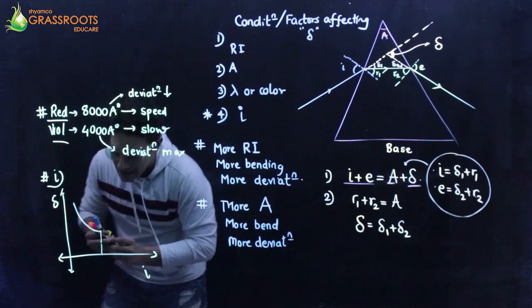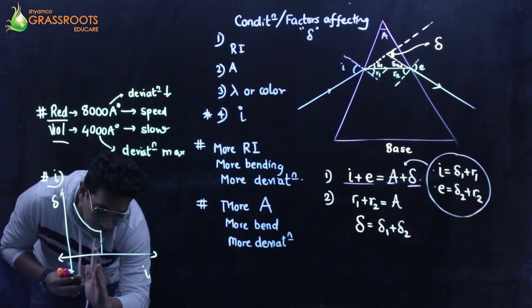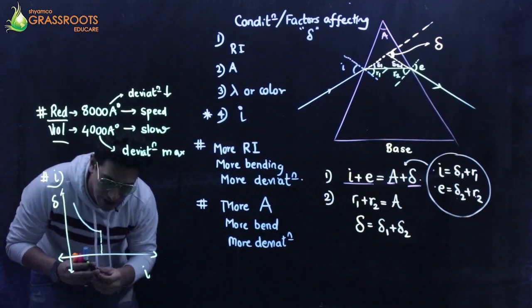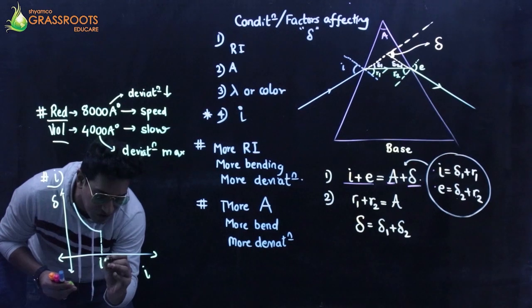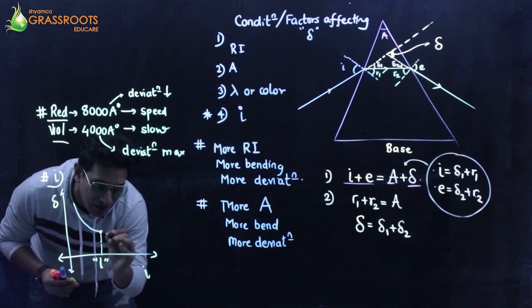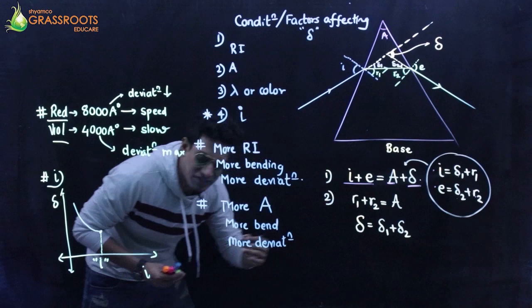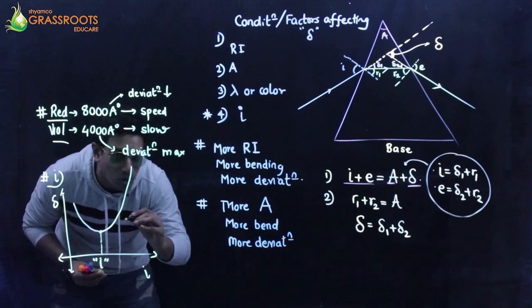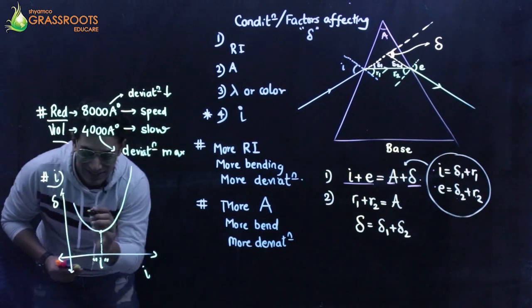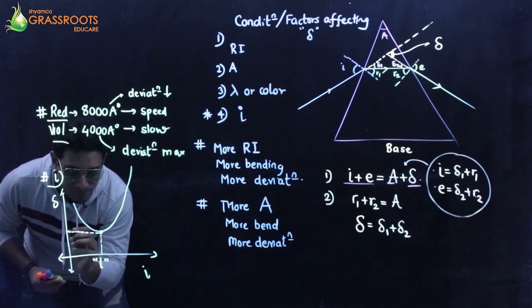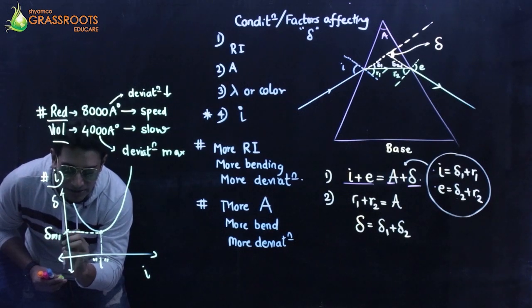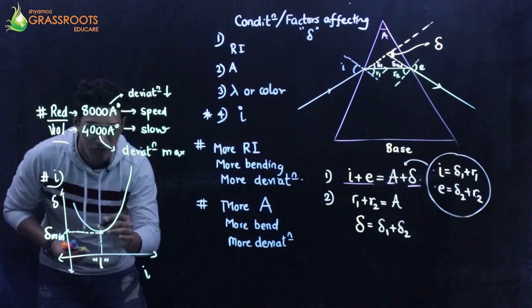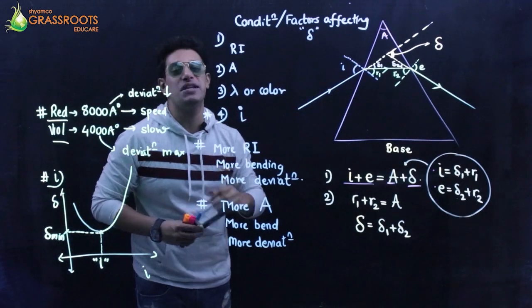I am repeating. As we keep on increasing the angle of incidence, the angle of deviation decreases. It reaches a minimum value at a particular angle of incidence. And thereby, if you further increase the angle of incidence, the angle of deviation keeps on increasing. So I can say this point is called delta min and this point is a point where you get the angle of minimum deviation.